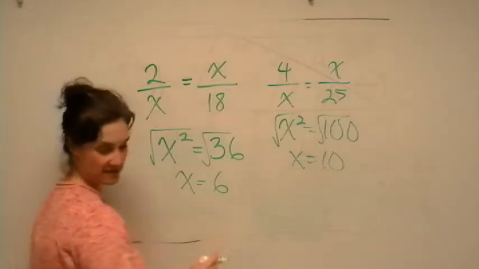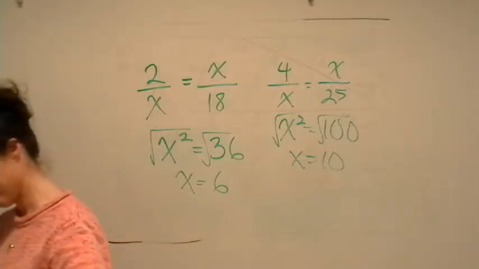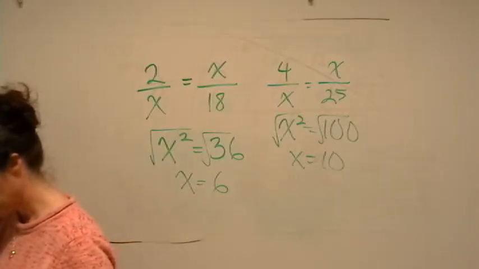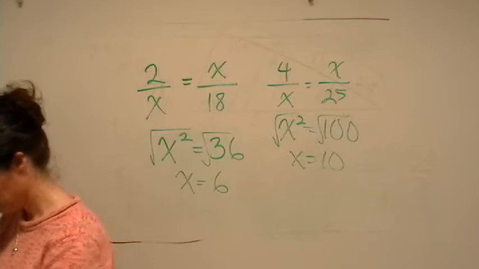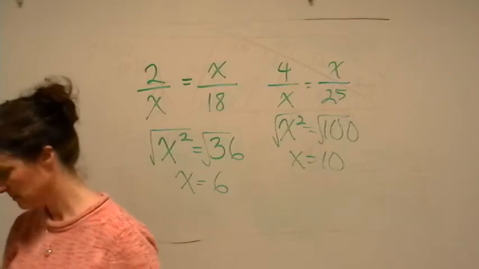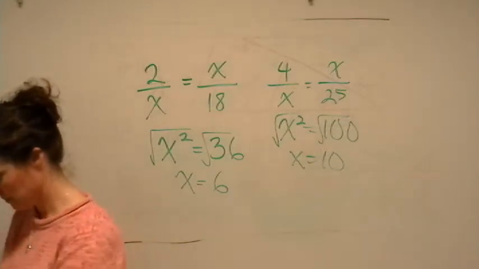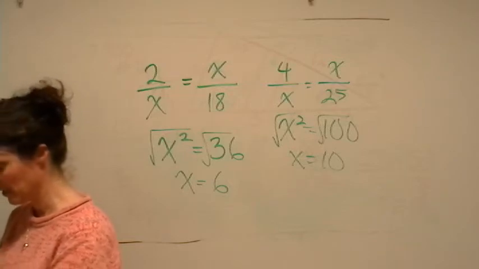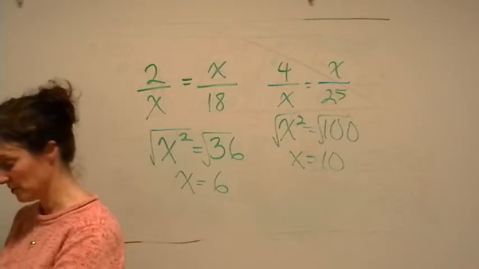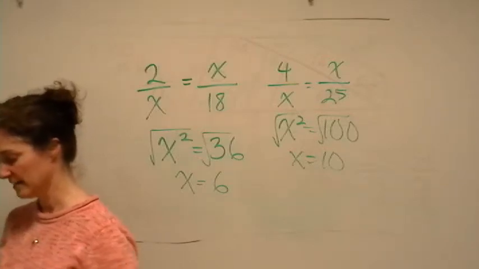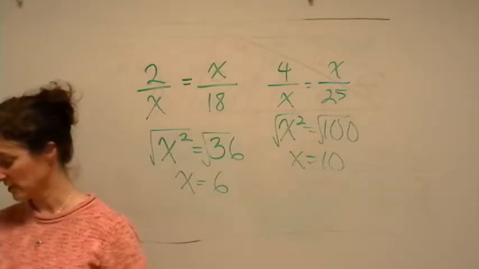So what they write is, on page 359 in the middle, it says the geometric mean of two positive numbers, a and b, is the positive number x that satisfies a over x equals x over b.